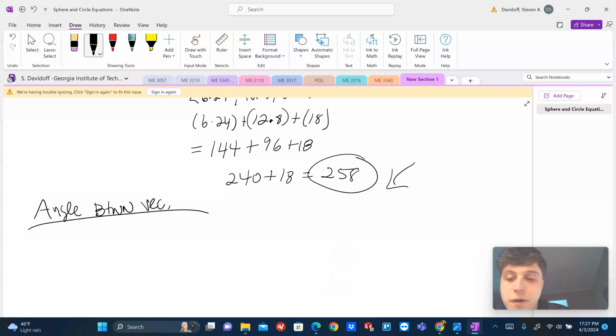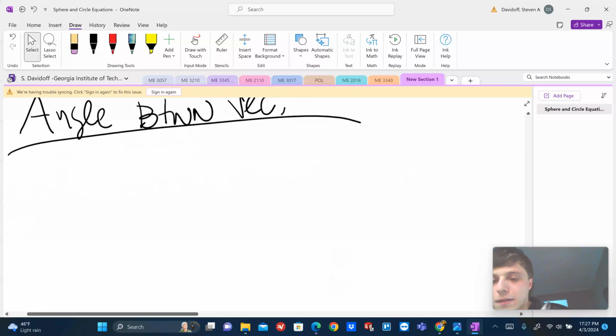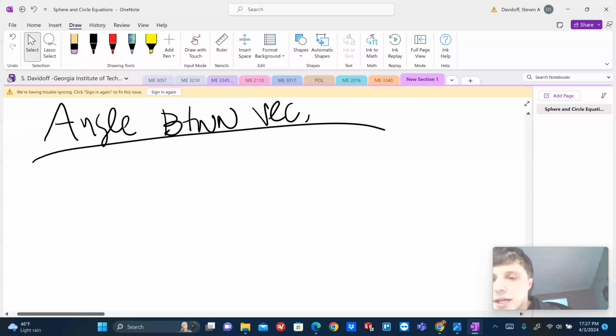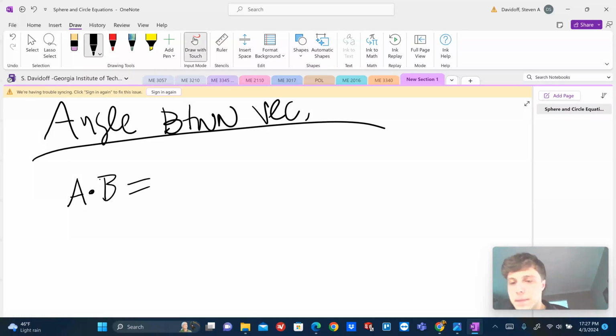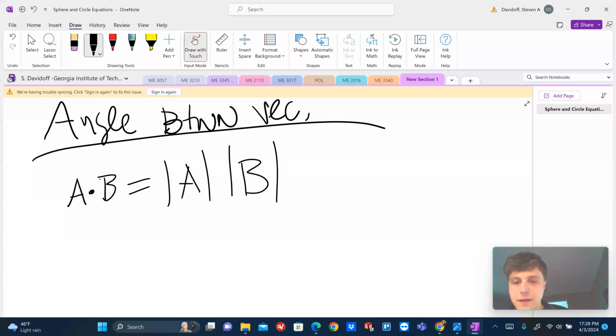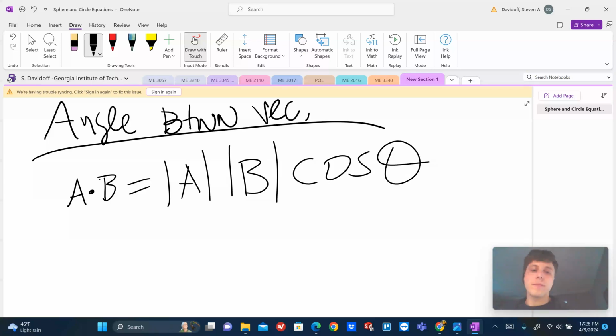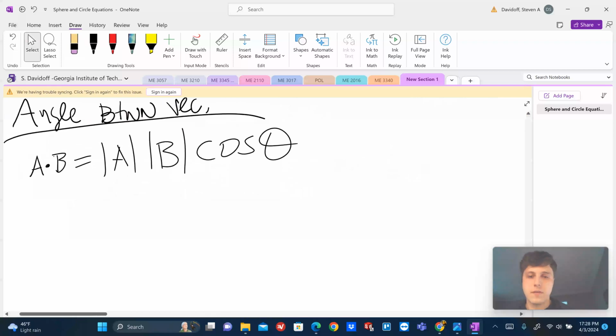That formula is A dot B is equal to the magnitude of A times the magnitude of B times cosine of theta. This is one of our general formulas that we will see as we continue with dot products and cross products. This is something you would typically see on your formula sheet.